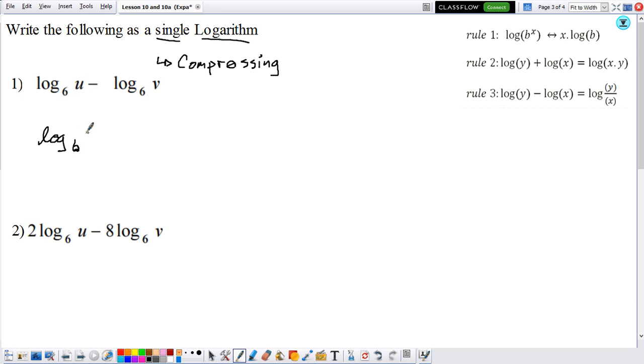And because it's subtraction, we're going to divide. And how do we divide? The left, which is u, divided by the right, which is b. Notice that all we're doing is dividing what we're taking the log of, because rule number 3 says if you subtract, you can just rewrite it as division.